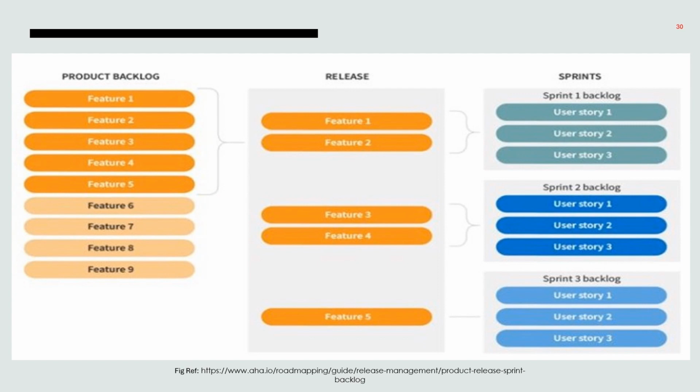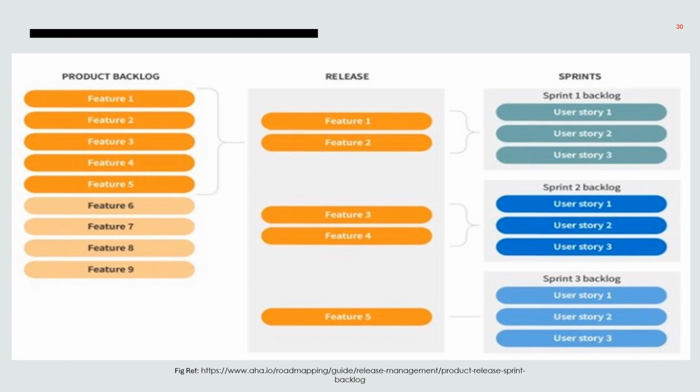These are used for organizing and prioritizing. There are three main types of backlogs: product backlog, release backlog, and sprint backlog. Here you can see the product backlog with features 1 to 5 and 6 to 9. In the release you can see features, and in sprints also you can see the set of backlogs.